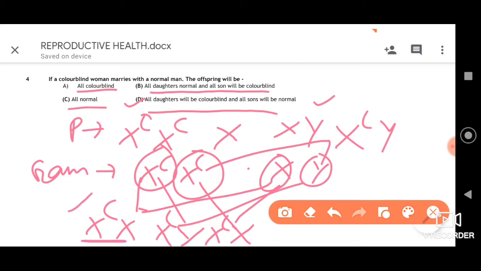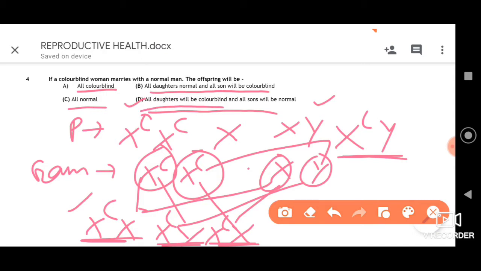The first one is a carrier daughter, and XcY is a colorblind son, XcX is again a carrier daughter, and finally XcY is a colorblind son. Dear friends, you can note down that the affected person would be the son only, because the daughter will always be a carrier.